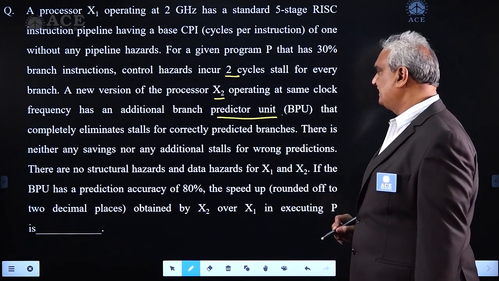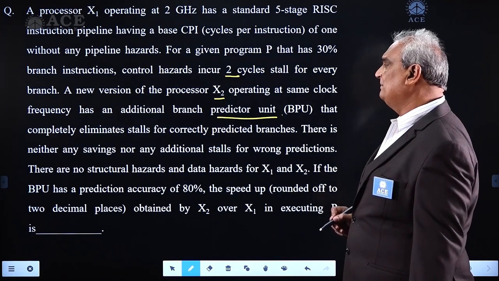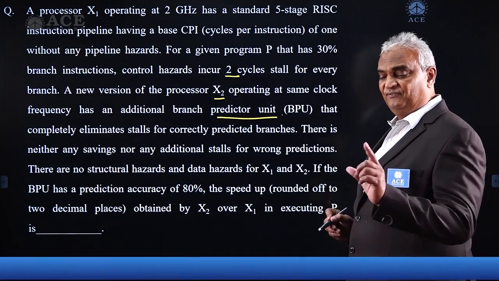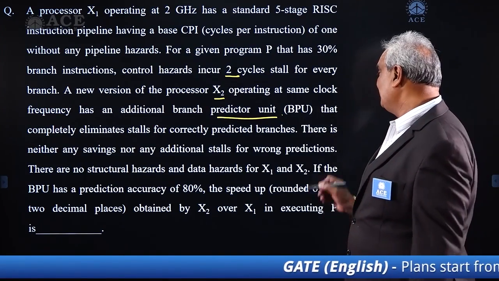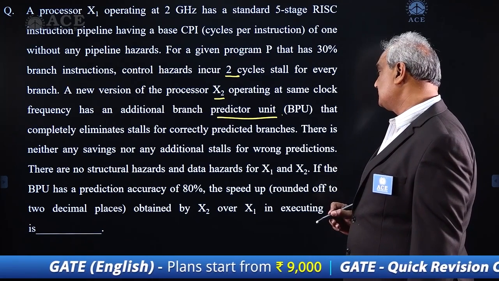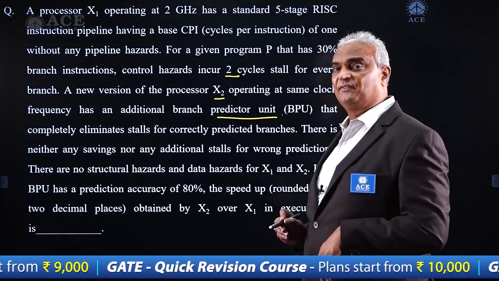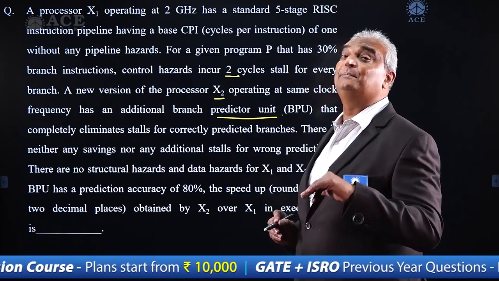Predictor unit, branch predictor unit, BPU, that completely eliminates stalls for correctly predicted branches. When a branch is correctly predicted, no stall is required. There is neither any saving nor any additional stalls for wrong predictions. Additional stalls are required for the branch instructions which are not correctly predicted.